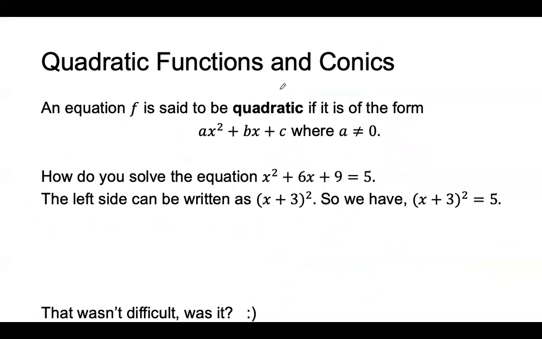So, quadratic functions and conics. Now we're moving on a little bit. Remember what a linear function is. We were just talking about linear functions, which are of this form, f of x equals mx plus b.